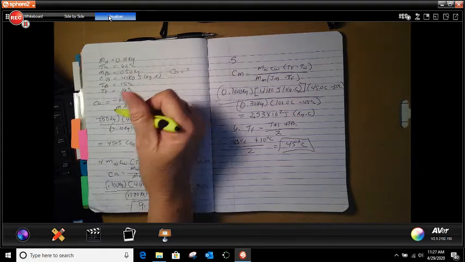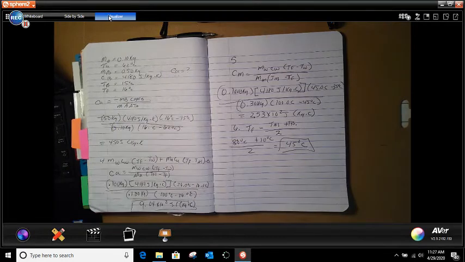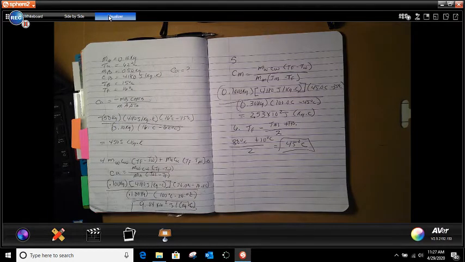So what we're going to do is take 0.50 and multiply that by 4,180, and then times that by 16 minus 15, and then divide that by 10 times 16 minus 62, and that's going to give us 450 joules.